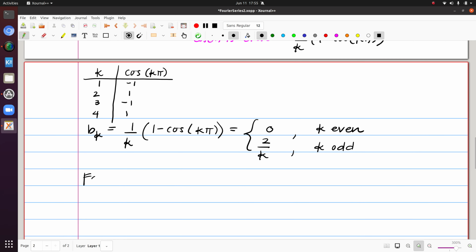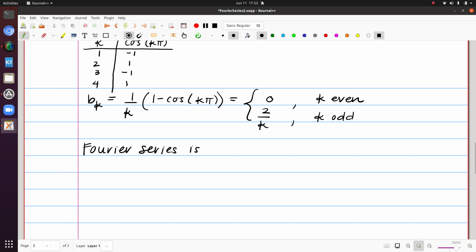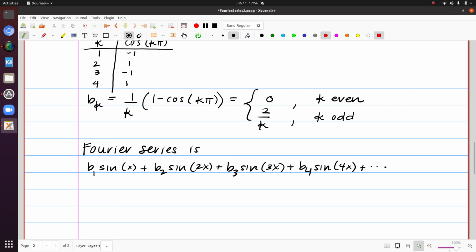So the Fourier series, we know, is only of the form b sub k sine kx. So it's going to be b sub 1 times sine of 1x plus b sub 2 sine of 2x plus b sub 3 sine of 3x plus b sub 4 sine of 4x, etc. And in this instance, we know that b sub 2 is 0 and b sub 4 is 0, and so on.